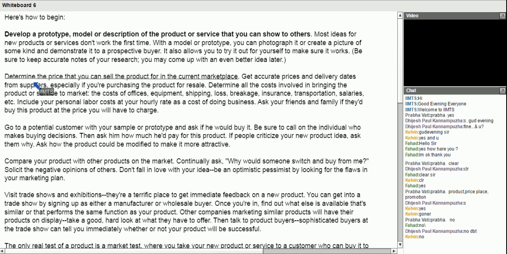Determine the price that you can sell the product for in the market. How to choose the price? Well, what is the price that we need to keep?